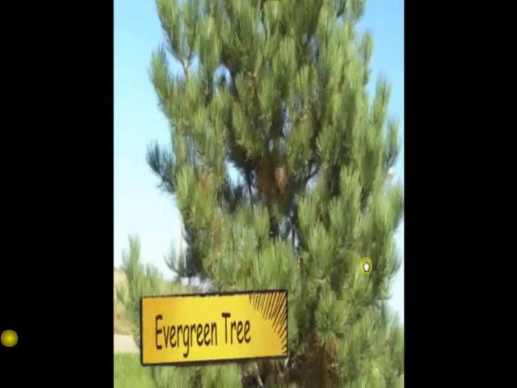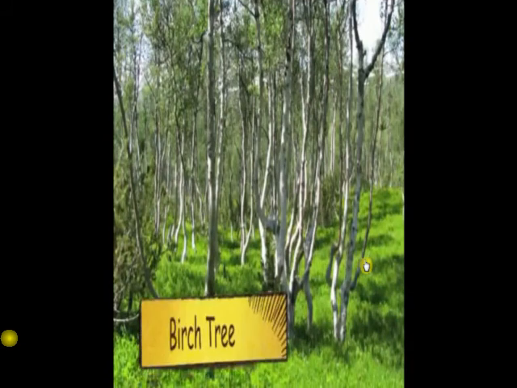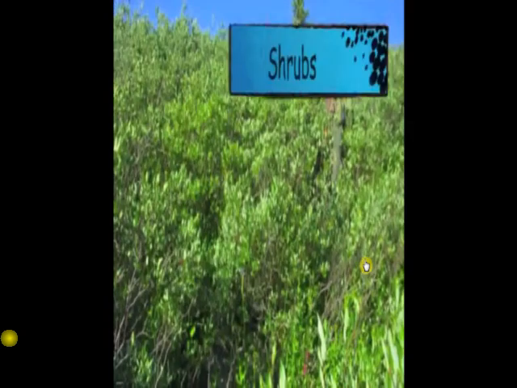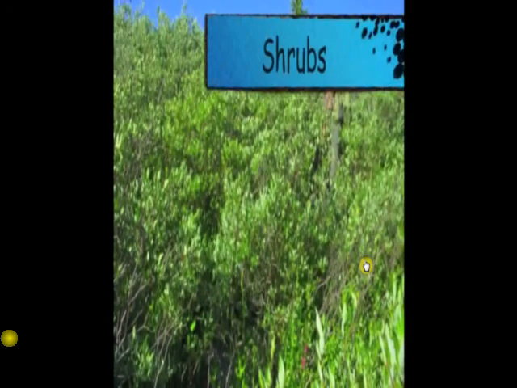The plants are going to have a lot of coniferous trees, such as the evergreens, birch trees, and many low-lying shrubs.